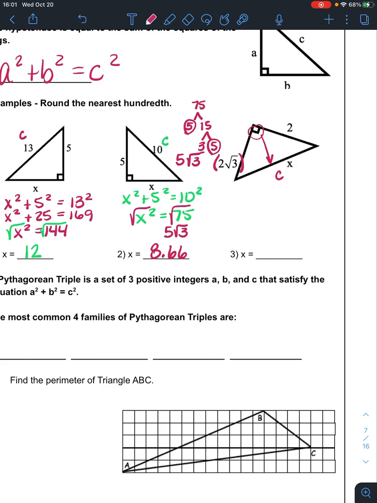So we have 2 root 3 squared plus 2 squared is equal to x squared. And so when you type in 2 root 3 squared, you're going to get 12 plus 2 squared, which is 4. And so you end up with 16 is equal to x squared. When you take the square root of both sides, you get that x is 4. So that's what it is. That's just a quick review of Pythagorean theorem.